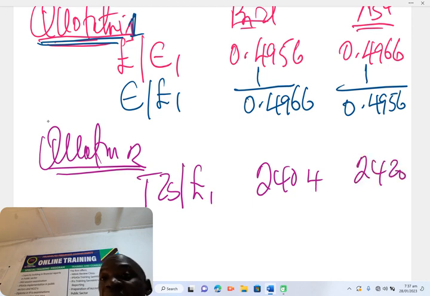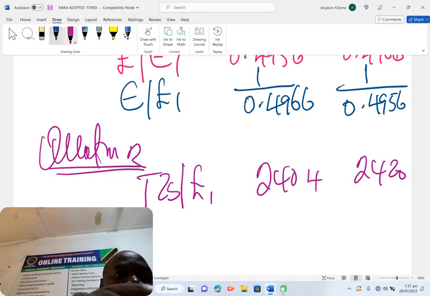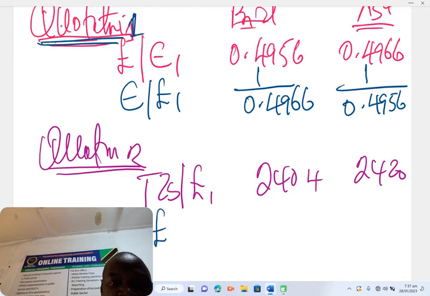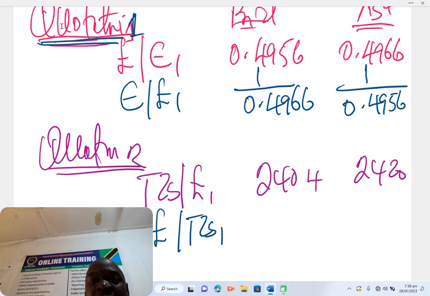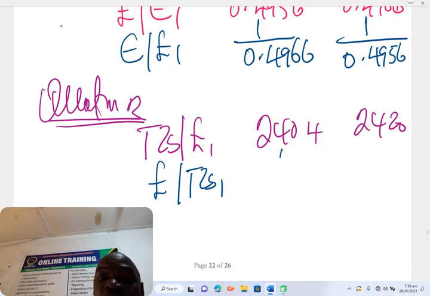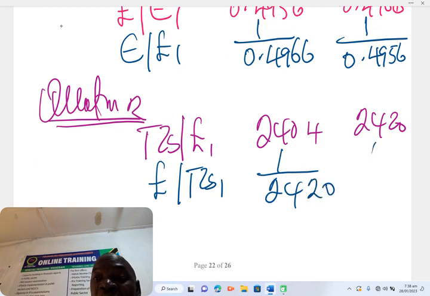The reciprocal can also be observed there, which is pound stroke Tanzanian shillings 1. This is computed as 1 over 24.20 and 1 over 24.04.